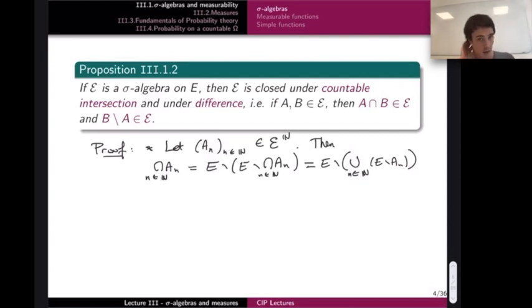This is set theory here, something that you can check yourself. And so this is equal to, well, in fact, no, I don't need to say that this is equal to anything.